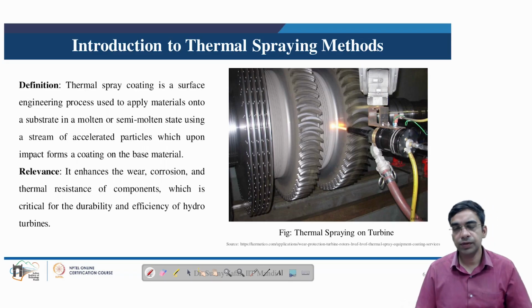The relevance of such coatings is not only to provide erosion resistance, but they may also provide corrosion resistance and thermal resistance to components for critical durability and efficiency of hydro turbines. Here we can see a photograph where the thermal spraying is being carried out on the turbine components, and we can see the deposited layer getting built up.